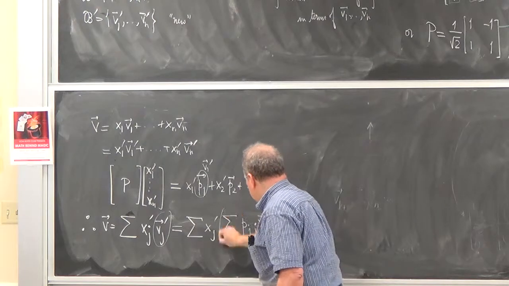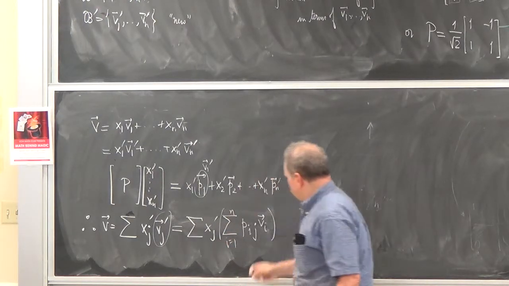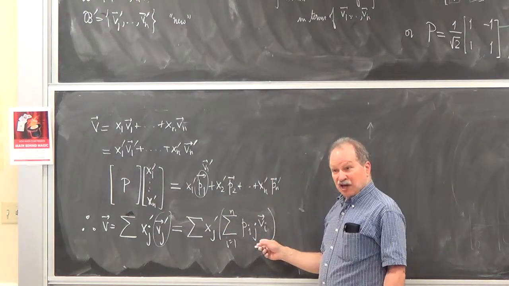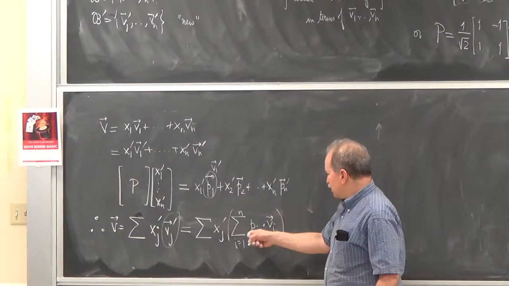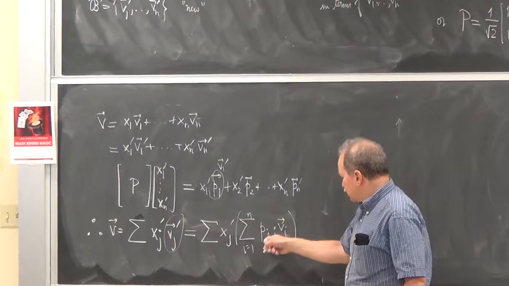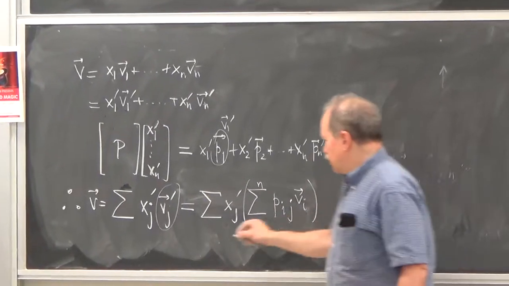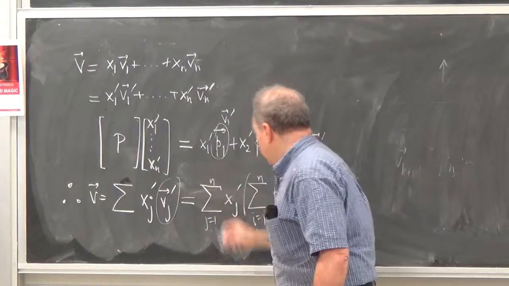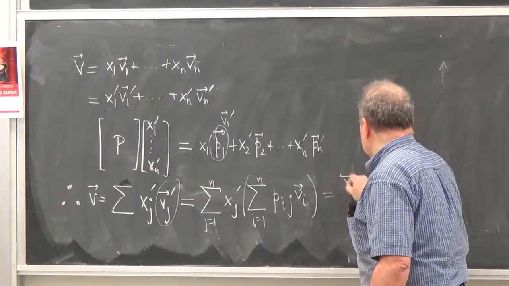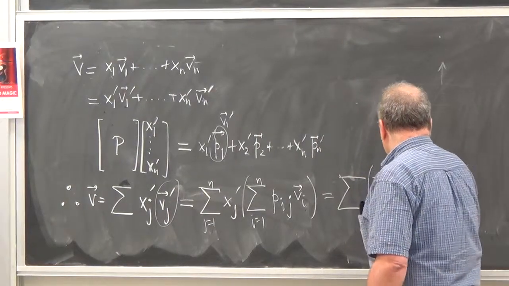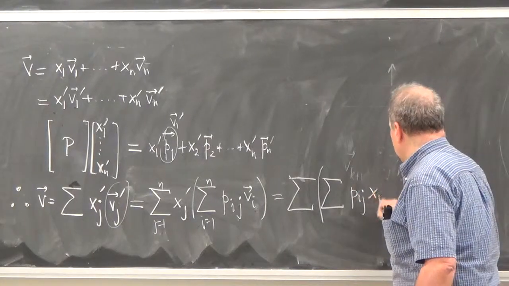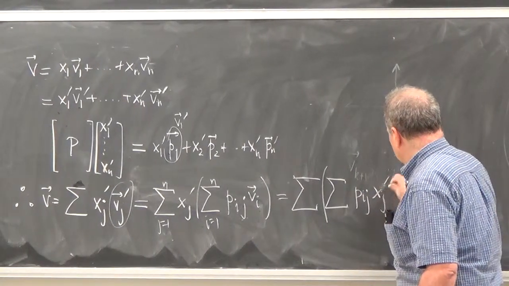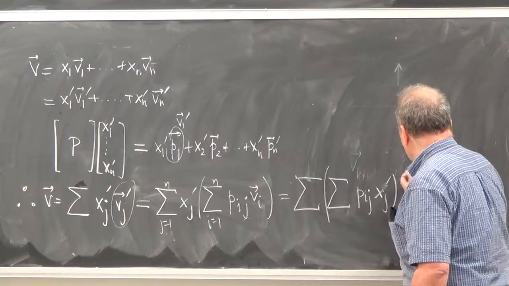So this is the jth column of the P matrix, saying that Vj prime is the jth column times the corresponding V's. And now I'm summing on j here. So I now have a sum of Pij xj prime multiplying Vi.